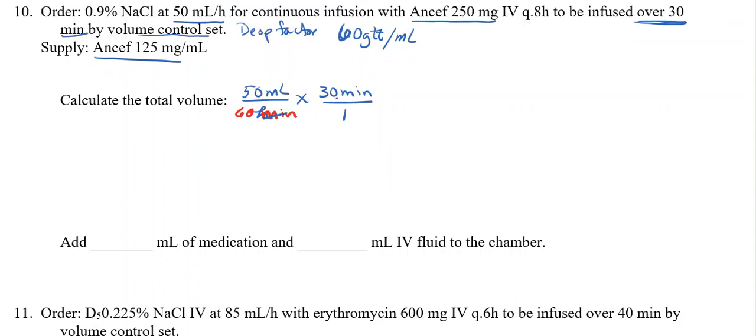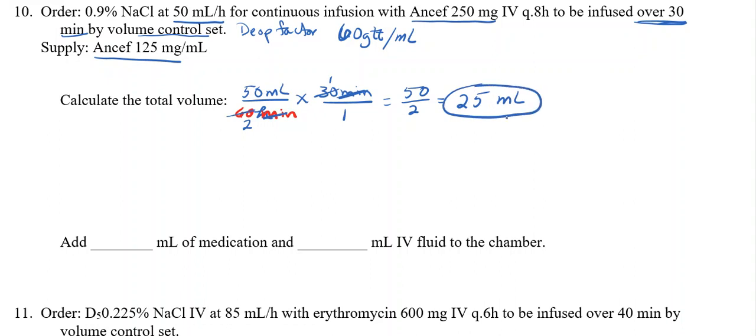So my minutes cancel. 30 goes into 30 one time, 30 goes into 60 two times. So I have 50 divided by 2, which is 25 milliliters. So that's my total volume.